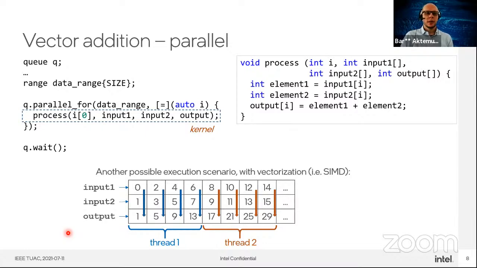So the programmer, if they want to, can just stay away from it. But of course, Data Parallel C++ gives the ability to fine-tune how this assignment is done. And this will actually be required in real-world cases in order to get the best performance out of the hardware.